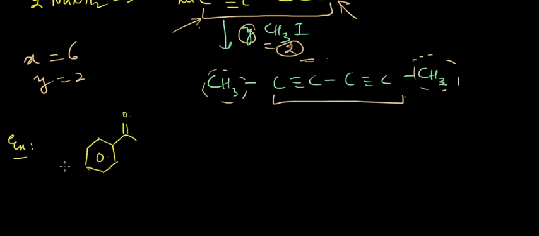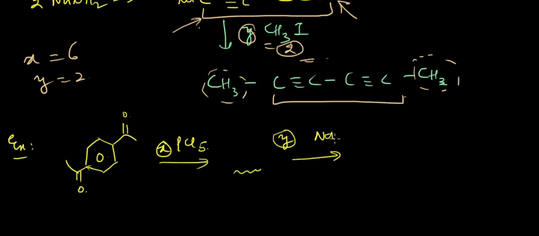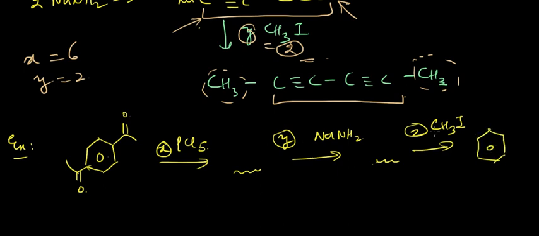Double bond O and again double bond O. Okay, so this reacts with X moles of PCl5 to form a product, and the product actually reacts with Y moles of NaNH2 to form a product, which actually reacts with Z moles of CH3I to form something like this. So you have to determine the value of X, Y and Z. This is the final product.